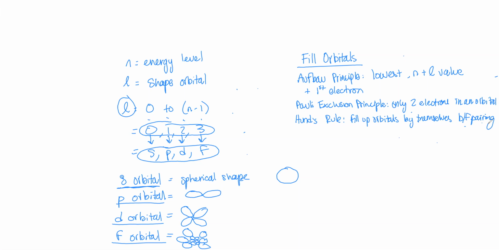To show that, let's just say 2p, which is going to have 3 subshells, but it's going to hold 6 electrons.